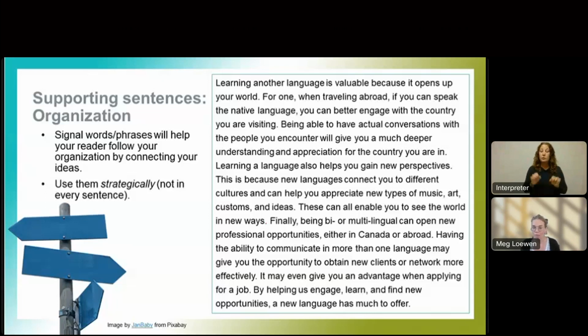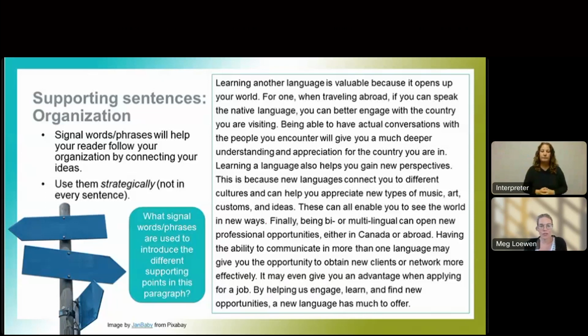You can use them to help your reader, but don't rely on them too much. Use them strategically, not in every sentence. But it's particularly helpful to use them when you go into a new supporting point. So, can you see the signal words or phrases that are used to introduce each supporting point in turn in this paragraph?